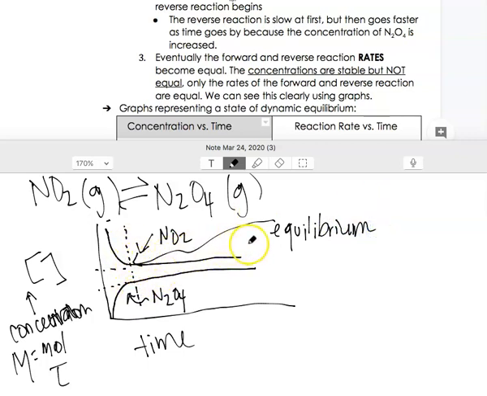So you have a constant amount of NO2 and N2O4. Constant does not mean same amount. It just means it's stabilizing and they're not equal. So this is how you would draw a graph that represents the amount of a reactant at the beginning being used up, and then the production of a product, and then stabilizing.